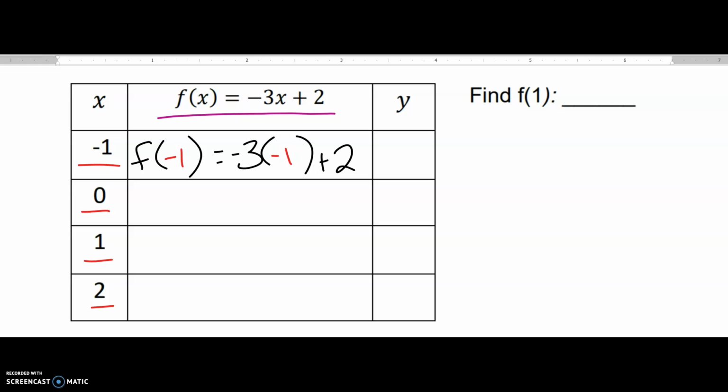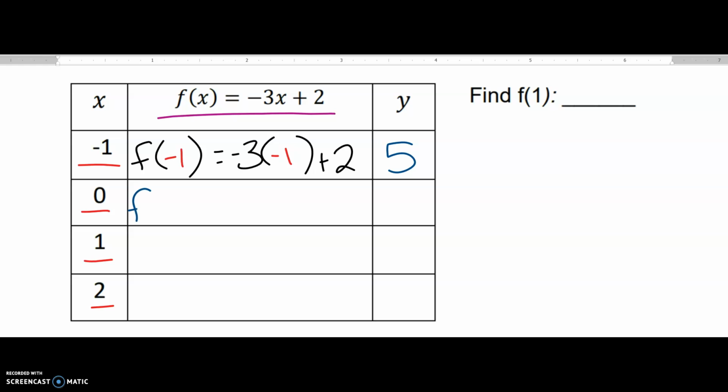And when we work that one through, -3 times -1 is a +3. 3 plus 2 gives us an output, or a range, of 5. So when our input is -1, our output is 5. And we're going to follow through on that with each of the following problems.